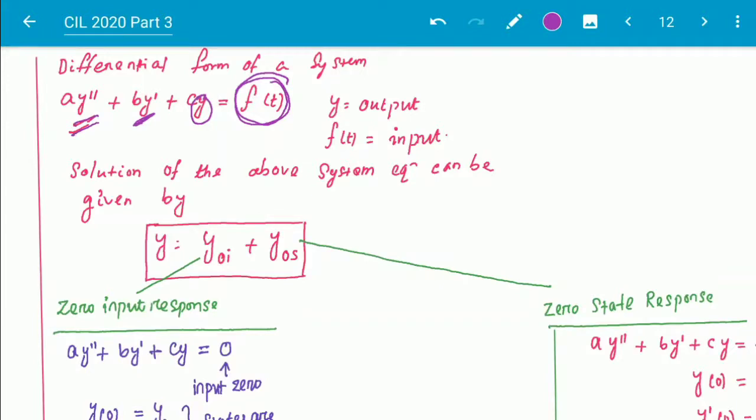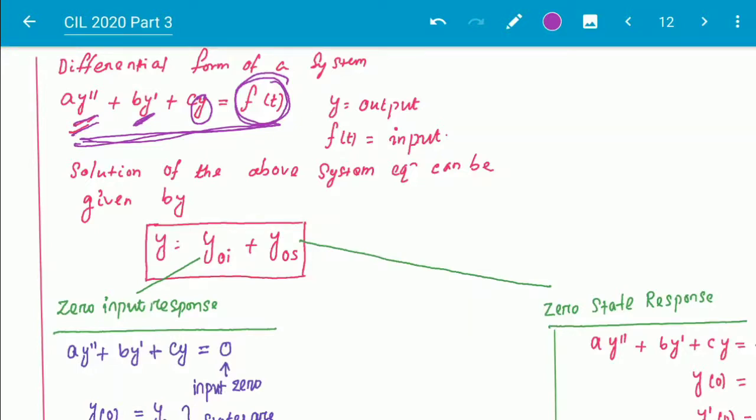The input function is termed in terms of the states of the output function here, and the solution of the above system can be given by y is equal to y_0i plus y_0s.